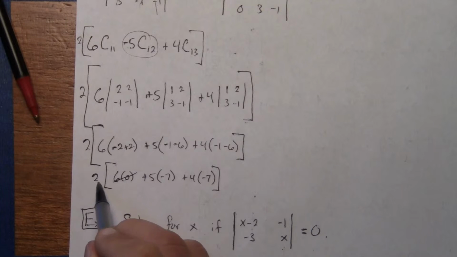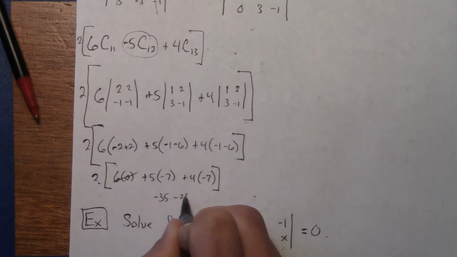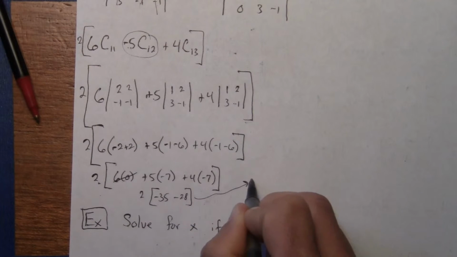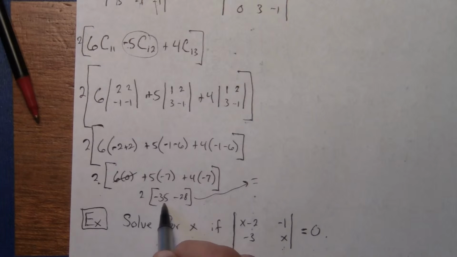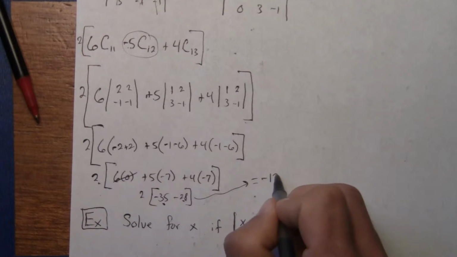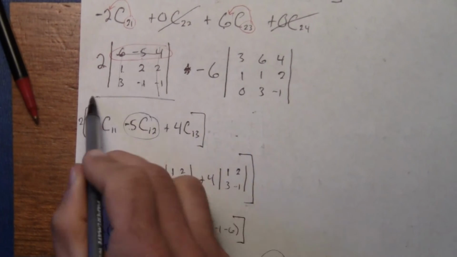And so I end up with 2 times negative 35 minus 28. And if you add these together, that should give you negative 63. Multiplied by 2 is going to give you negative 126. That is just this part of it.